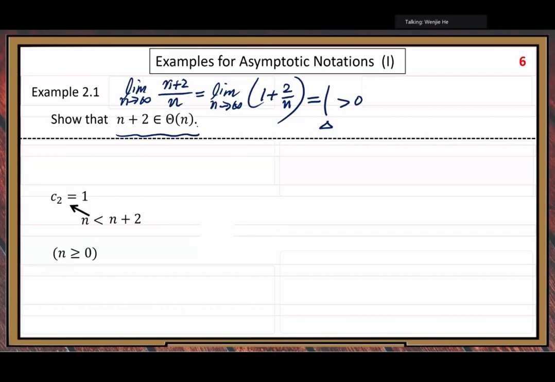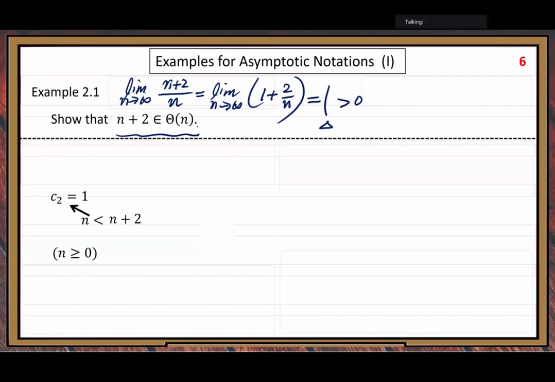Next step, can we find a C1 constant such that N plus 2 is less than C1 times N? Here, there is a plus 2 thing. How do we handle this plus 2 constant here?